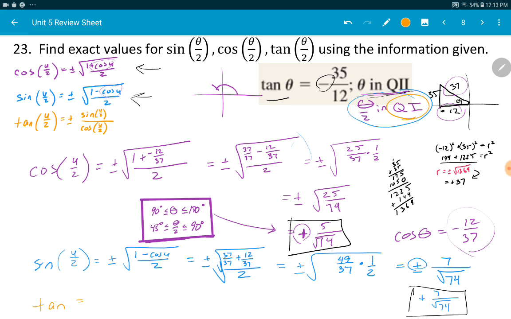So I'm going to take sine divided by cosine. A positive divided by a positive is positive. They both have a common denominator of radical 74, so when I divide, those drop out, and I'm left with the numerator of sine over the numerator of cosine, which is 7/5.